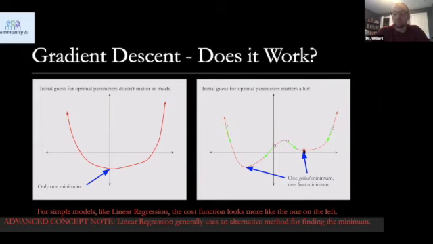But a local minimum is a point at which the function value is lower than the function value for all points around it. So if I were to look only at this tiny region around the laser pointer here, that point is lower than all other points nearby, so it would be considered a local minimum. This point over here is called a global minimum because it is lower than all other points on the cost function.